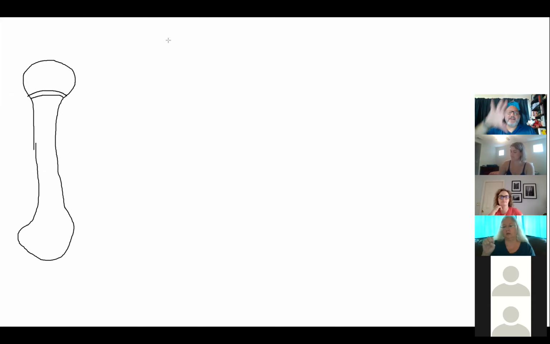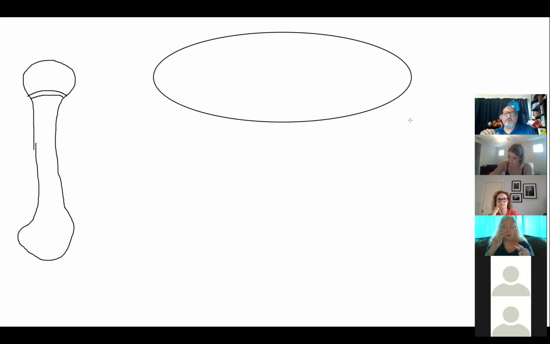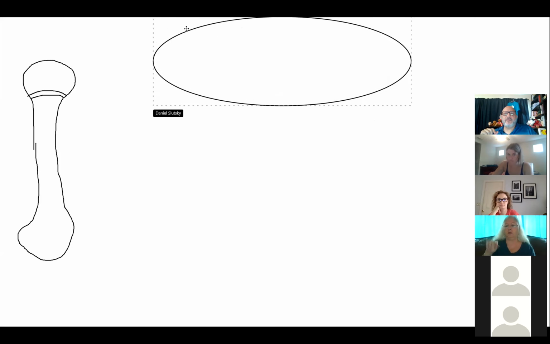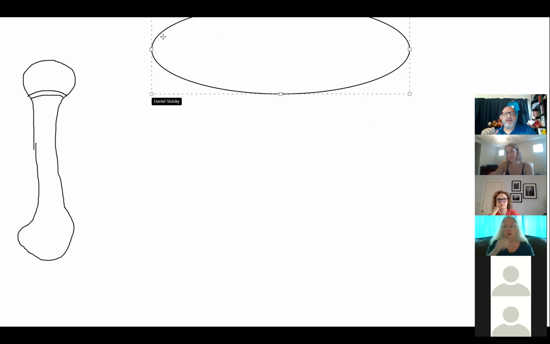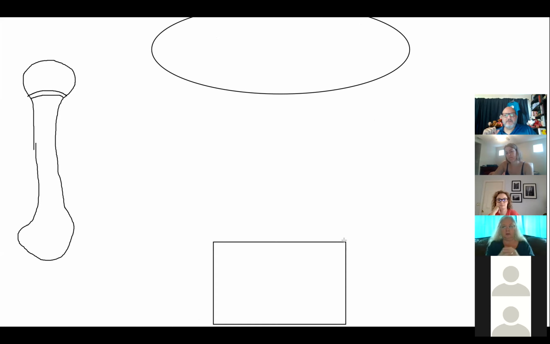So let's take that and magnify it and really exaggerate it. Here will be our epiphysis. And let's move that up to there. And then down here, we will draw our diaphysis.